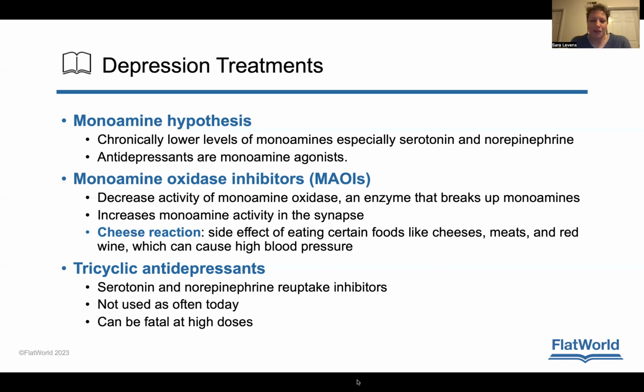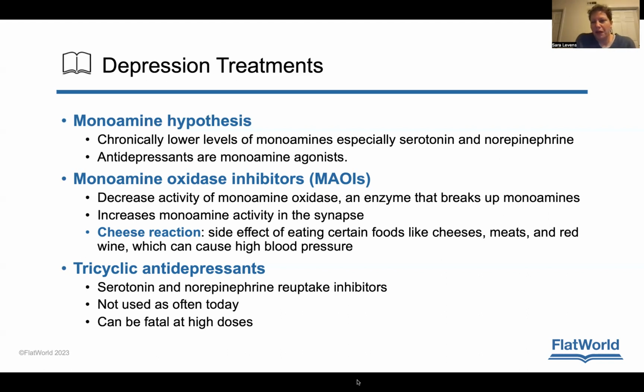I always thought it was interesting that there's this noted cheese reaction with individuals taking MAOIs, and this is a side effect of eating certain foods like cheeses, meats, and red wine, which can cause high blood pressure.